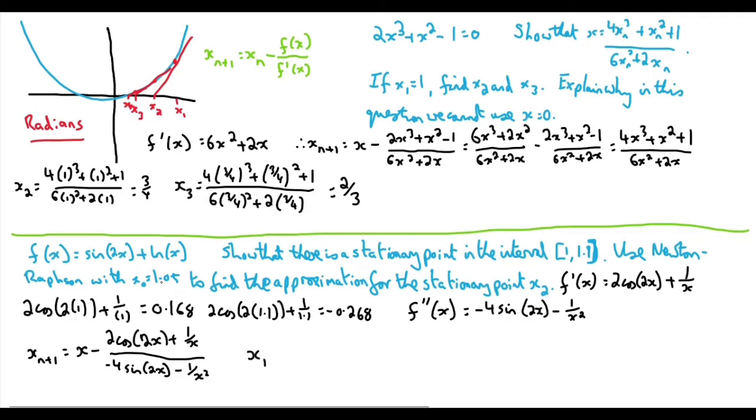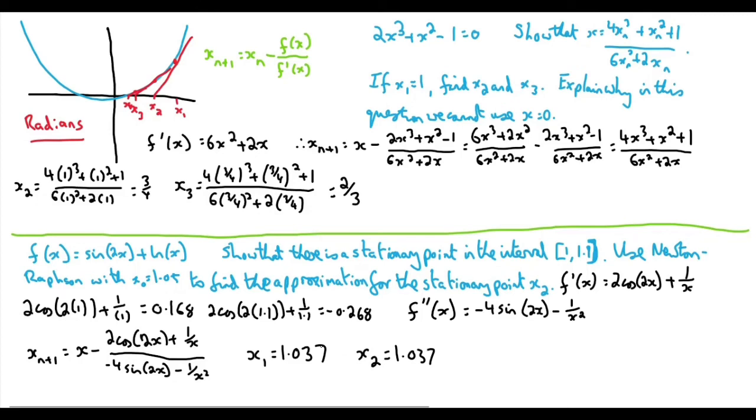Plugging in this x0 value of 1.05 into this whole thing gets you an approximate value of 1.037. Then taking the unrounded version from your calculator and putting that in, that gets you an x2, which is where we're trying to get to, an approximation of the x-coordinate of the stationary point being 1.037. Yet again, both of these rounded to the exact same thing.